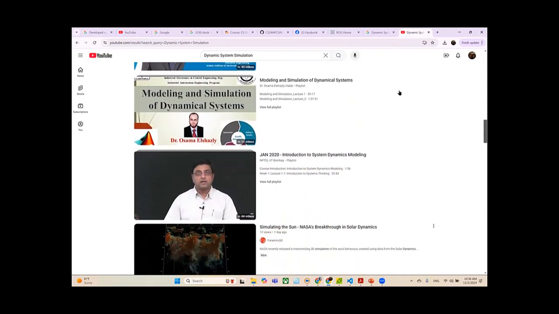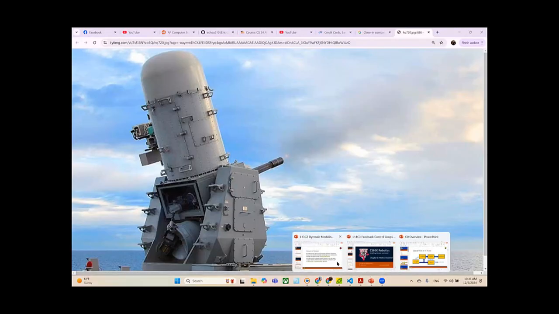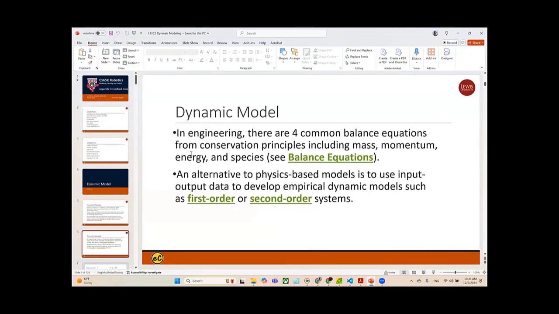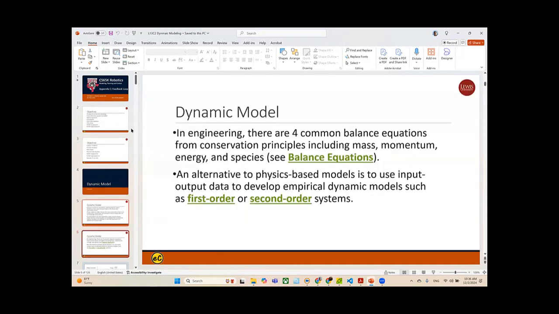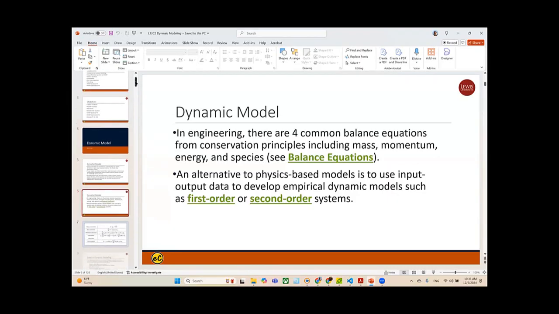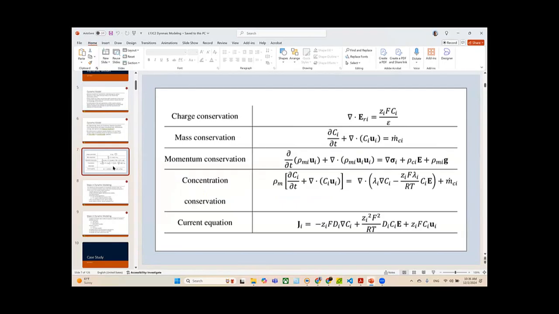Anyway, dynamic system simulation itself is a long story. Basically, you set up your dynamic model. What is a dynamic model? It uses differential equations to model the system. Why differential equations? Because if you have a tank, you pour in water and you leak water out, so you balance your water level.